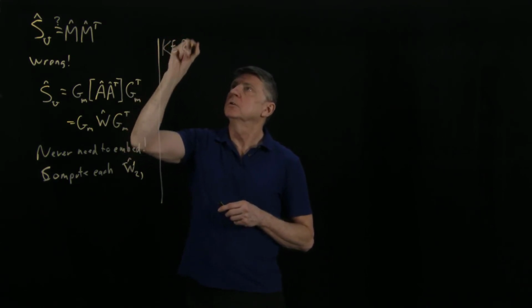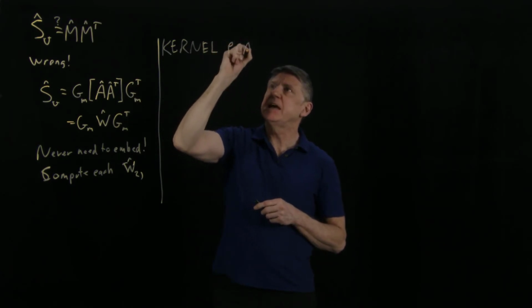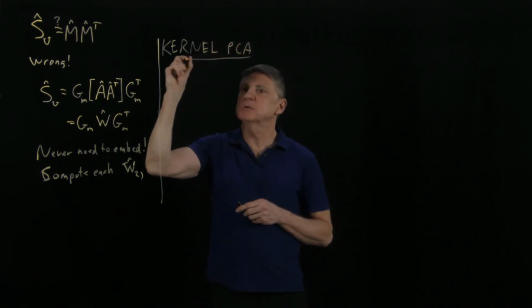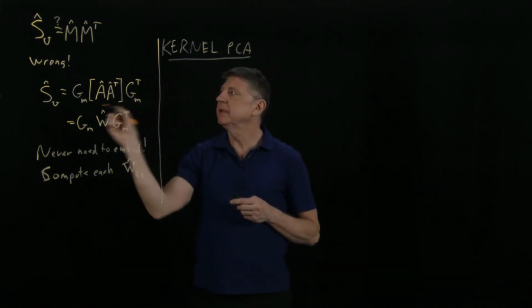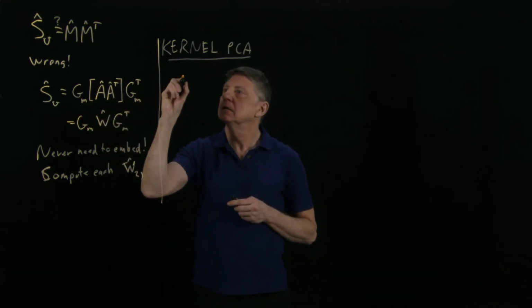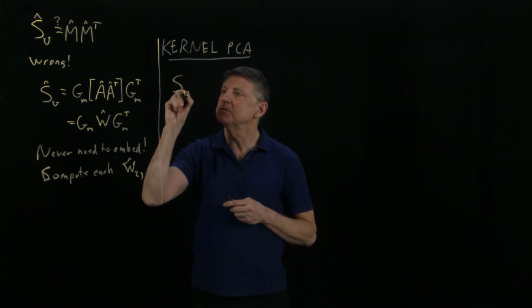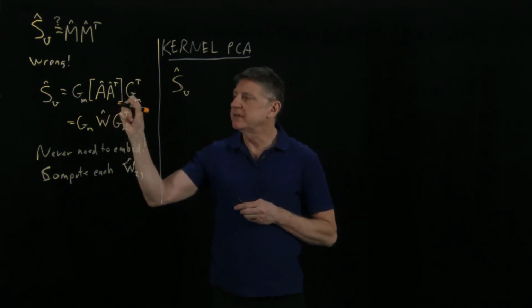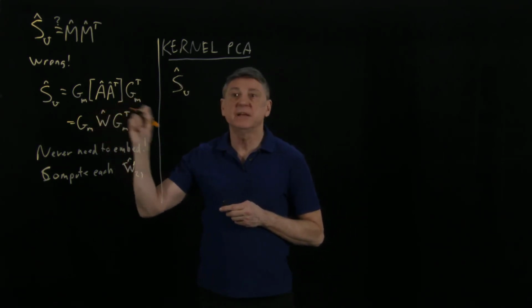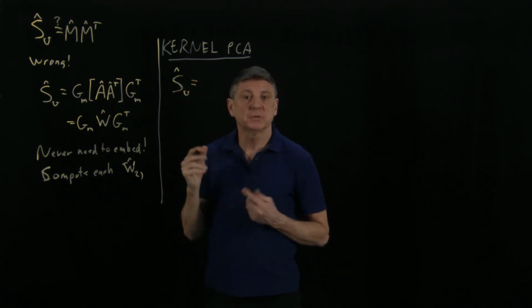Kernel PCA, and this process is, we simply take this observation style scatter matrix that we compute by finding the gram matrix and then centering it, and what we do is we do a spectral decomposition.